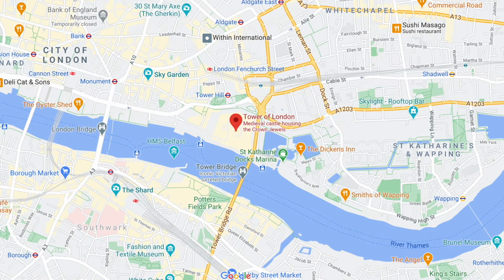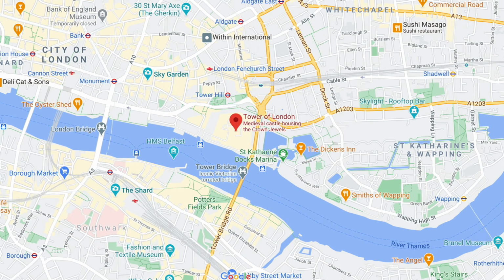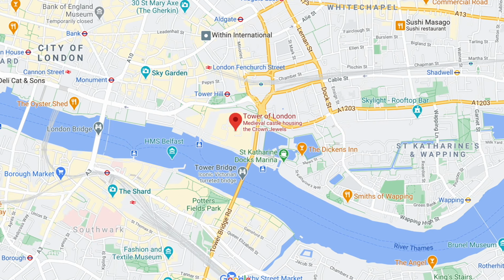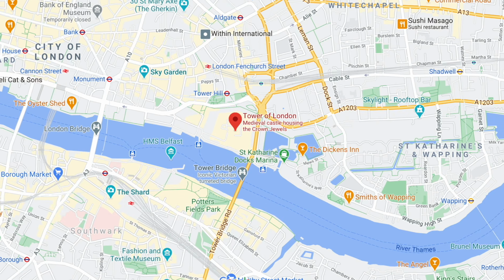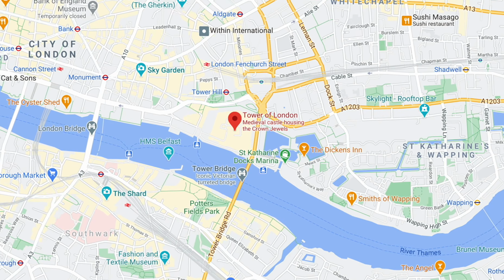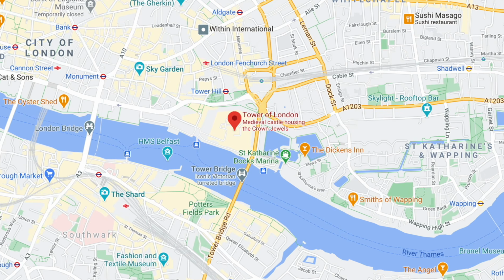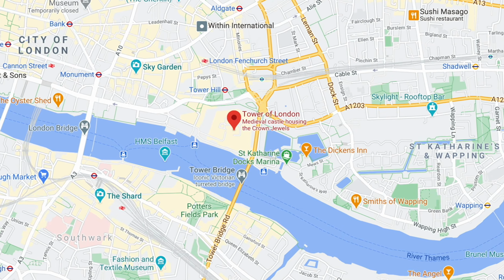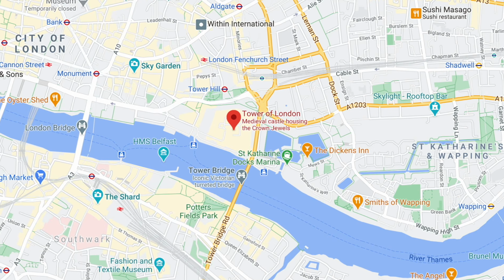What does the site on which the Tower of London now stands offer? Well, it has the River Thames, which is a useful defensive barrier to the south of the site. It, at least at one point, would have been a useful source for water, although I certainly wouldn't recommend drinking, bathing or washing your clothes in the River Thames today. I don't think it's anywhere near clean enough.